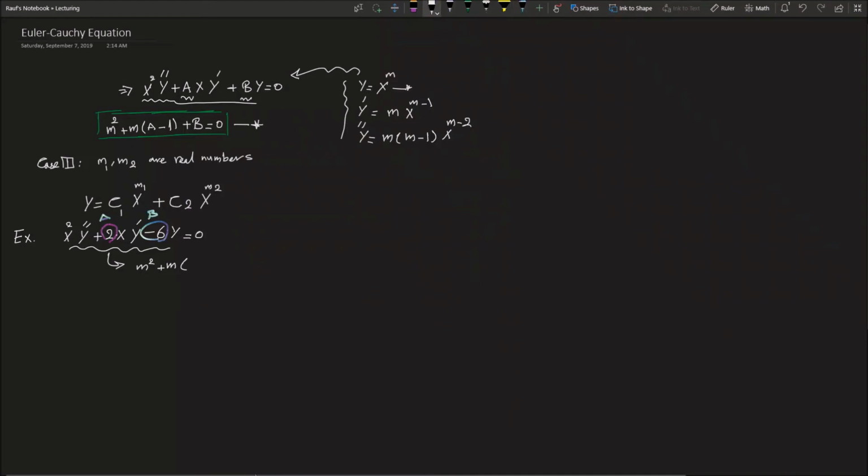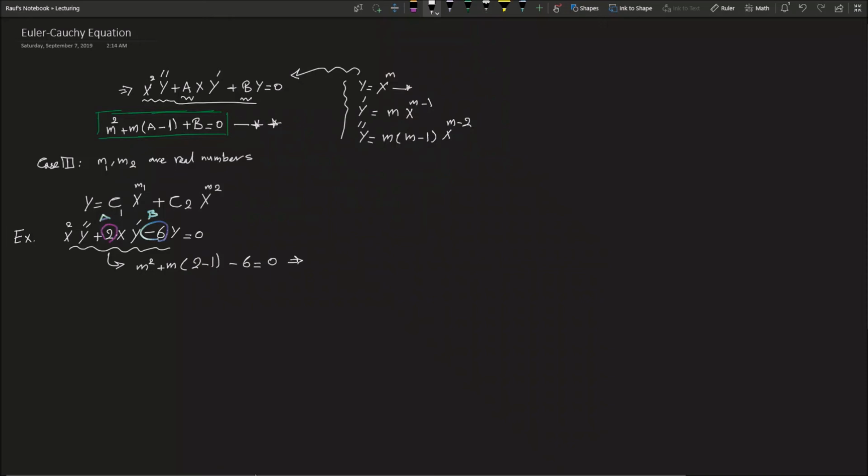So now we have m squared plus m multiplied by a minus 1, which is 2 minus 1, plus b, which is the minus 6, all equal to 0.